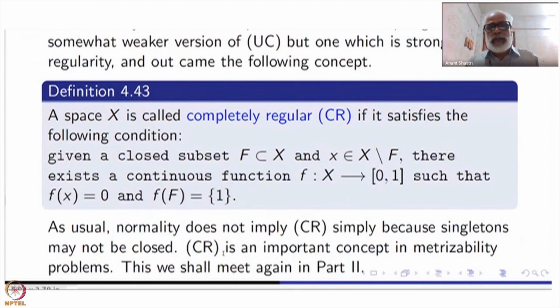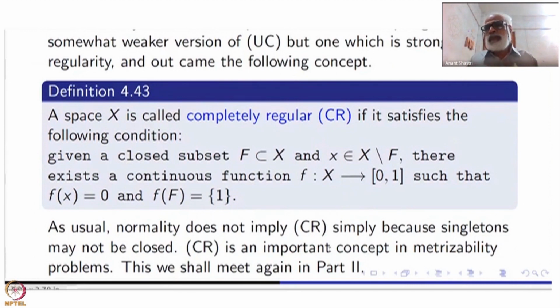This complete regularity is an important concept in metrizability problems. Even for Urysohn's lemma, I think Urysohn finally tried to prove some embeddability results through which he wanted to prove metrization. That is why he explored this one.